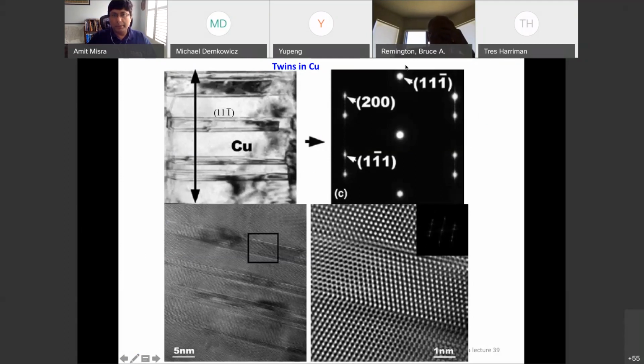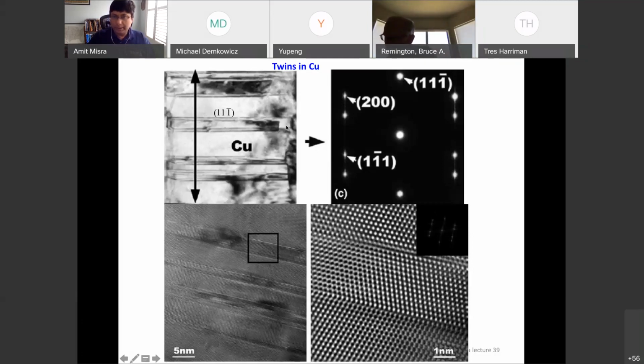The only spot that does not show the splitting is the twin plane itself, in this case a 1-1-bar-1 plane, because for the matrix and the twin, it's the same plane. But for everything else, because the crystal inside the twin has a mirror symmetry, you get a spot from the twin and a spot from the matrix, related by this mirror symmetry.